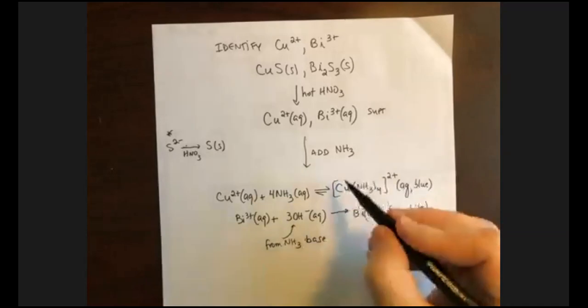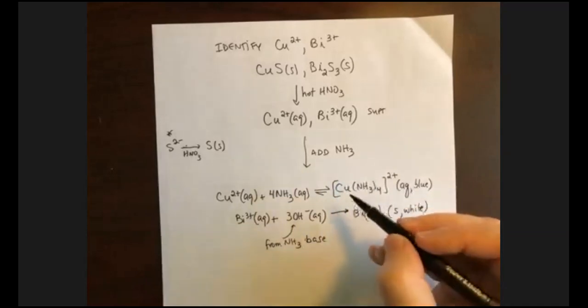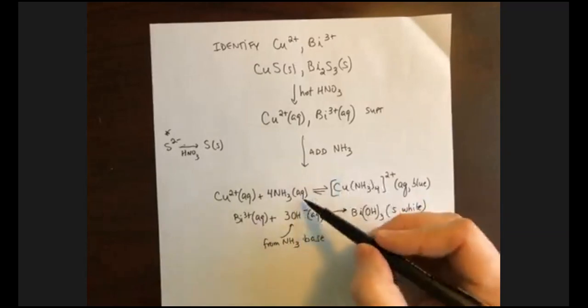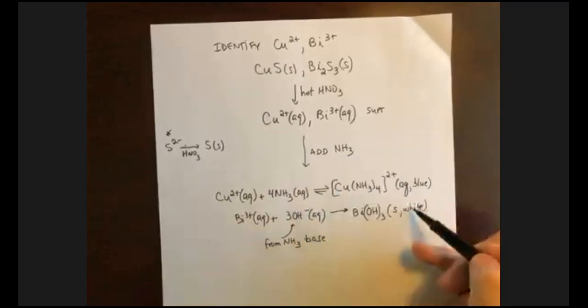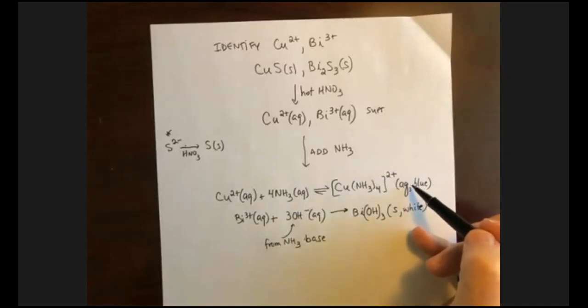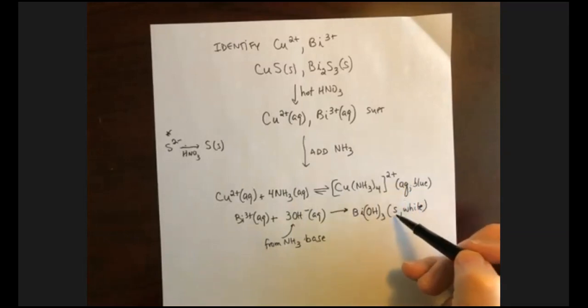So in one step, by the addition of ammonia, we separate and at the same time confirm the presence of both of these cations: the copper 2 as a deep blue supernatant and the bismuth as a white precipitate.